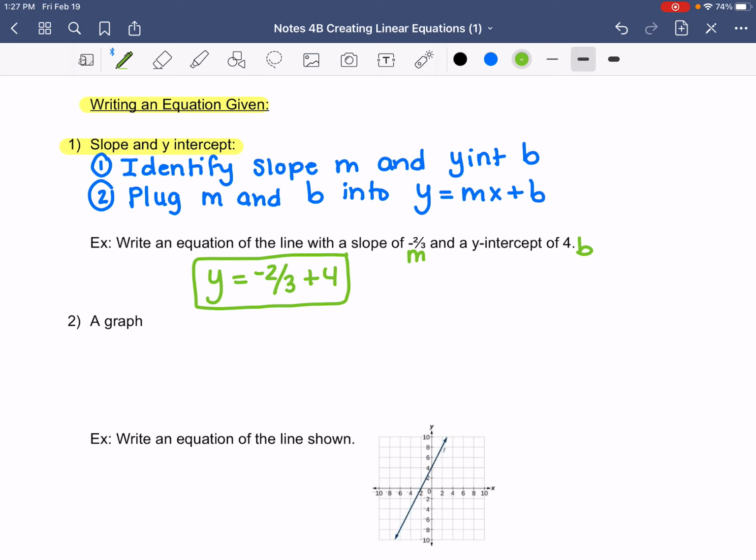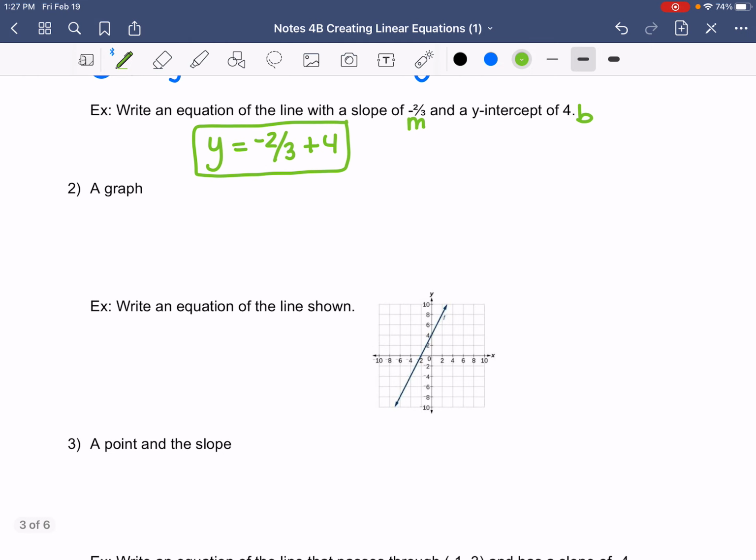All right, now let's go about if they give you a graph. So when they give you a graph, the first thing that you want to identify is your y-intercept as b. Then you're going to have to do a little bit of work.